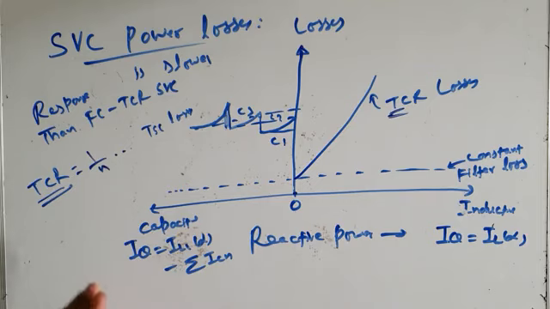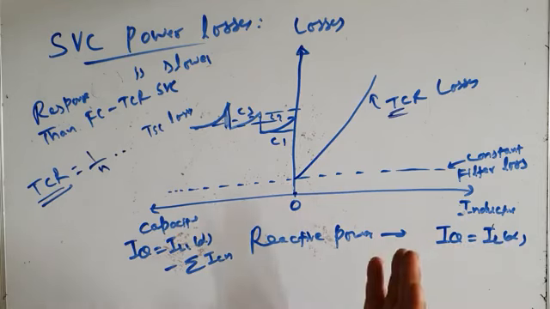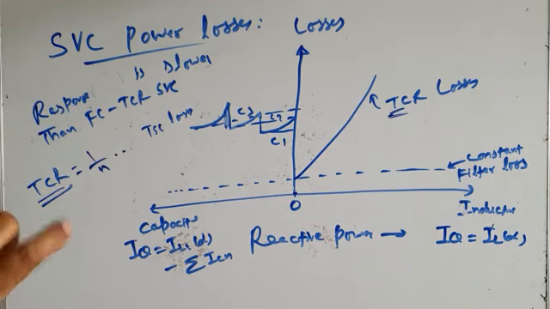The problem with FCTCR type SVC is that during wide disturbances in the system, since the capacitor bank is always connected, it may result in resonances with the system, and that resonance may create a lot of problems.